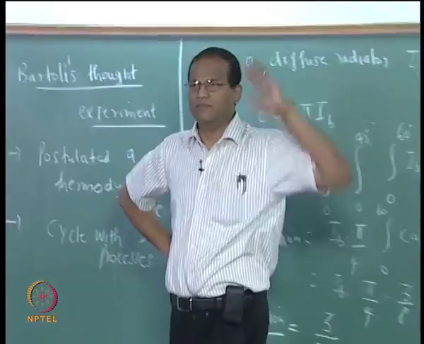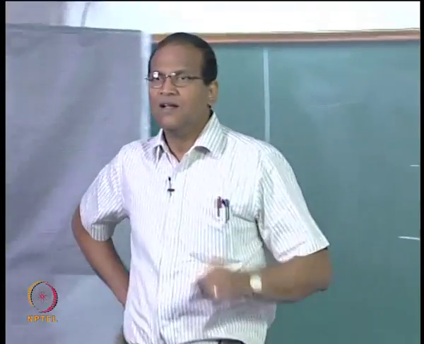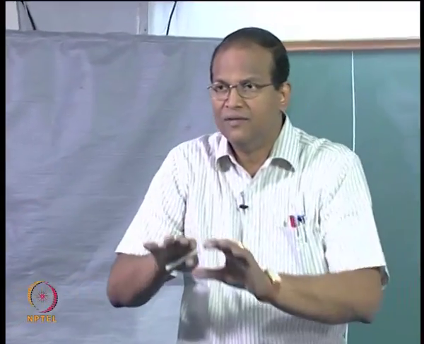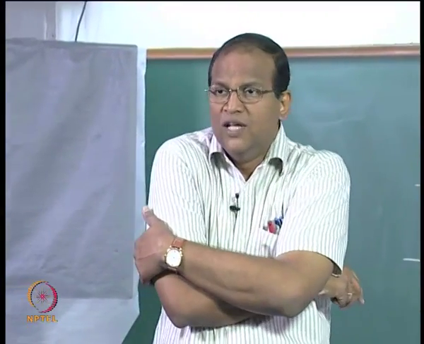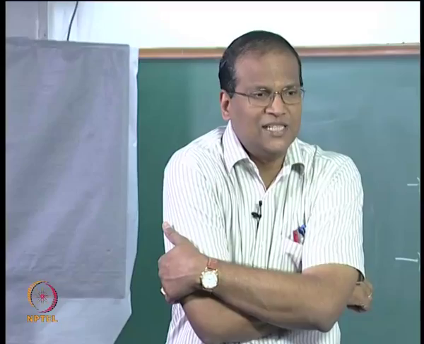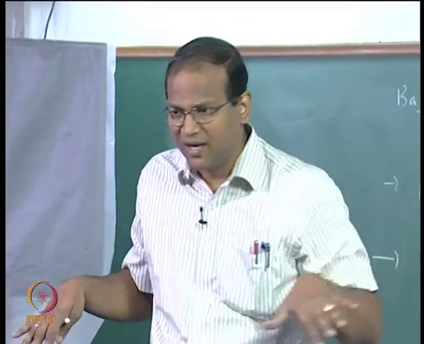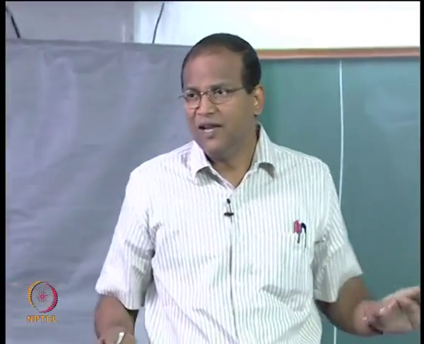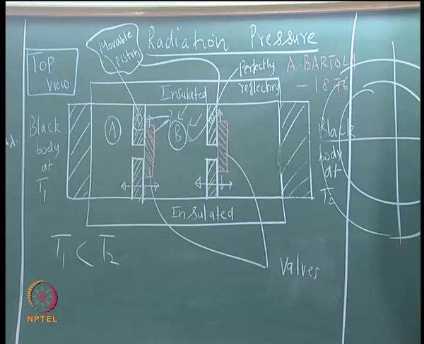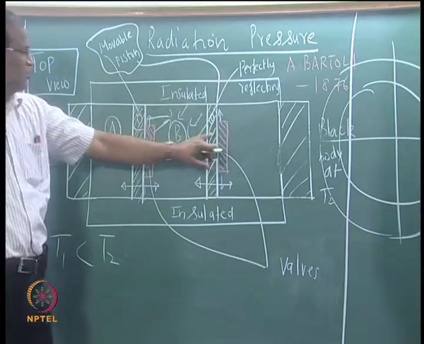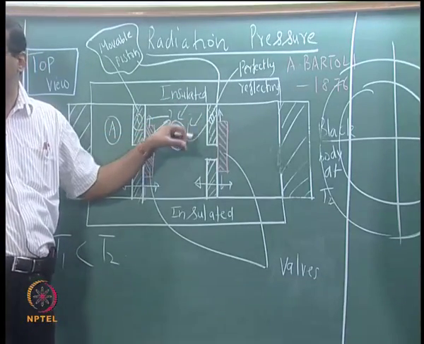You give enough time such that the cavity, okay, which is extending up to the piston 2 is filled with radiation energy density corresponding to the black body at T1. What that energy density is, is a function of temperature, but what that function is we do not know, but we can now say that if you give sufficient length of time, and these are all non-conducting and all that, right. This also, this insulated, is perfectly reflecting, okay.